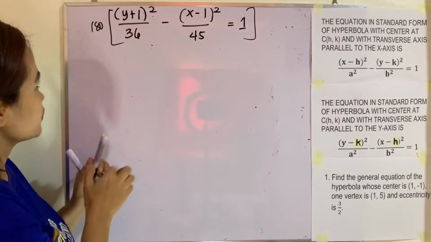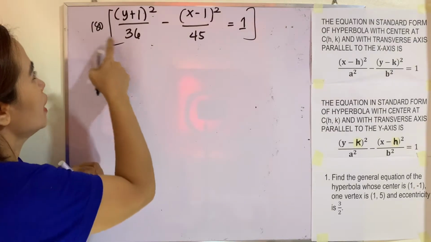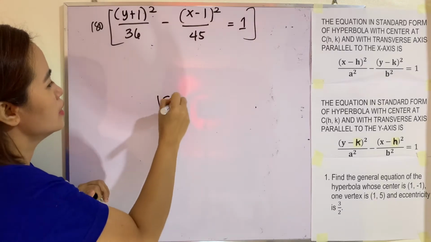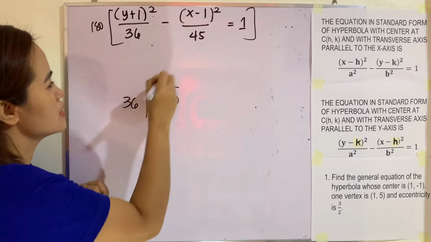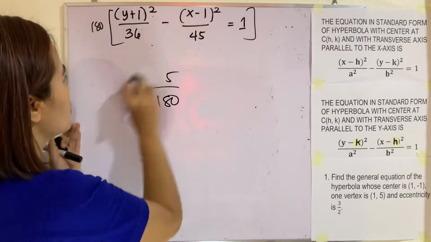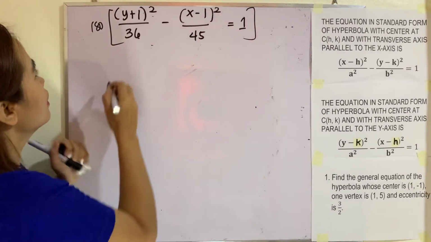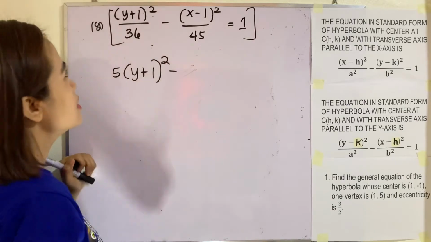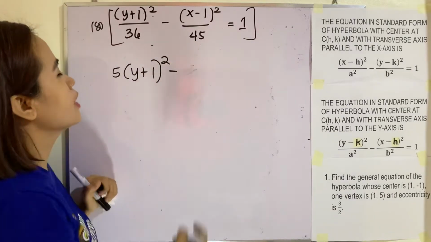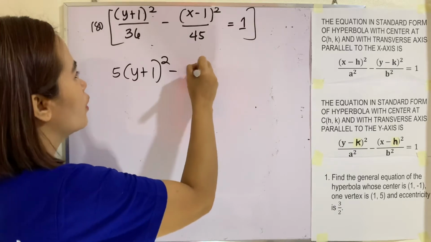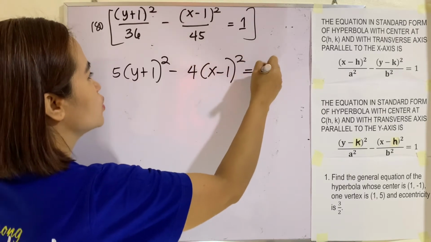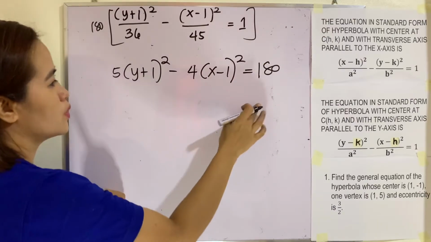So this is now 180 divided by 36. How many? Is it 5? Yes, 5. So we have 5 times the quantity (y plus 1) squared minus 180 divided by 45, we have 4, times (x minus 1) squared is equal to 1 times 180, which is 180.